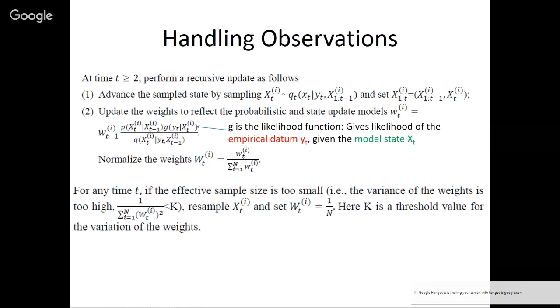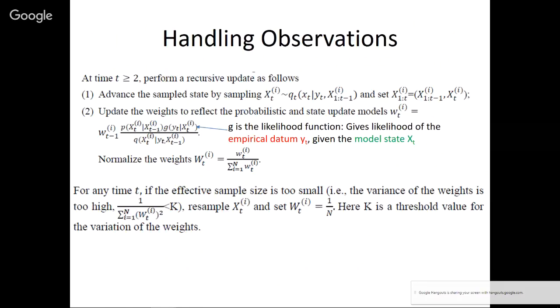And a key element of updating the weights is going to be the likelihood function. So given a posited state of the world, a hypothesis for what's going on in the world, which I denote as x sub t, with a superscript of I being the particle. If we posit a certain situation in the world, the question we're going to ask is, what's the likelihood that we'll observe the empirical data just presented to us?